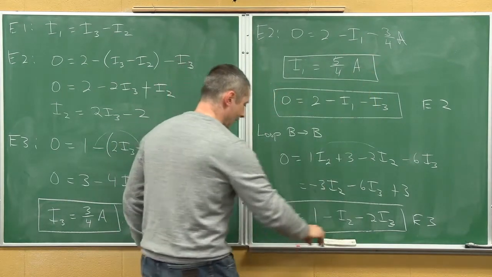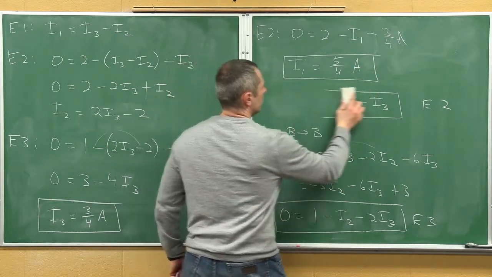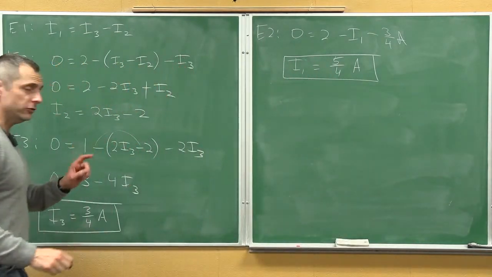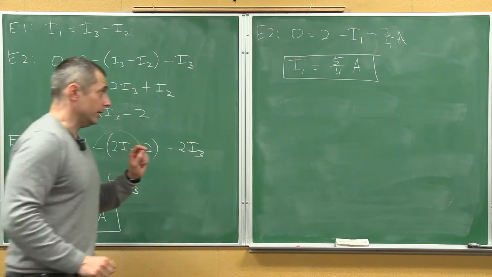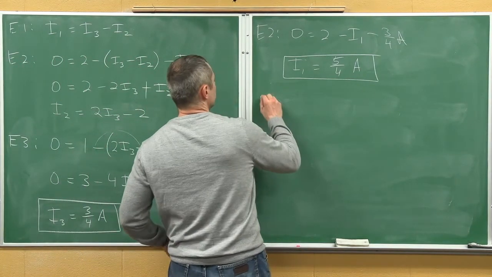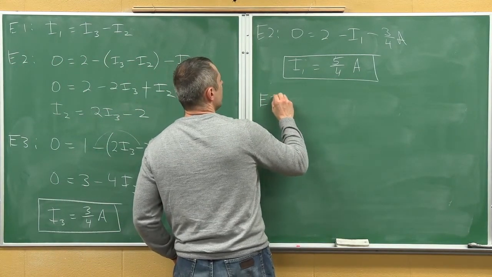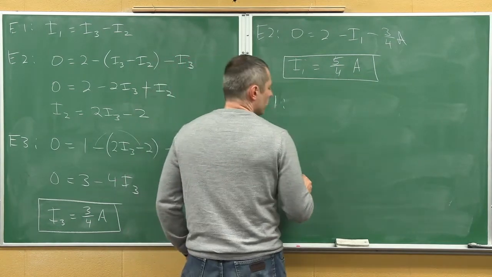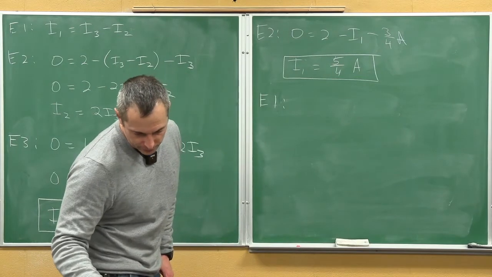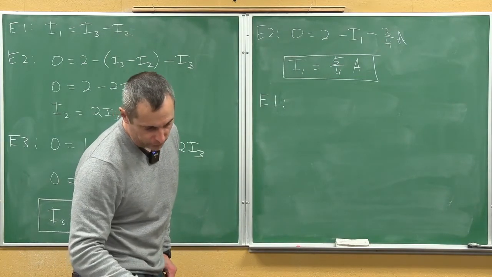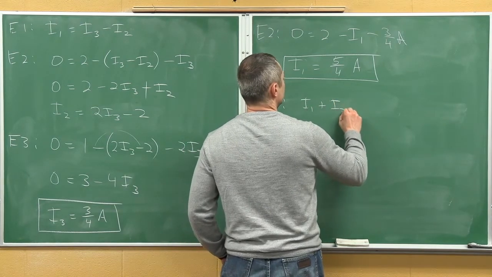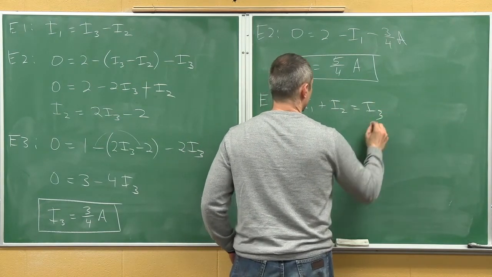Okay, so that is the second current. And then the last thing, we can solve for the current in resistor 2, I2, using equation 1, which was the junction rule. I erased it, but let me look back. It was I1 plus I2 equals I3. I'm going to write it down because I don't have it on my board anymore.